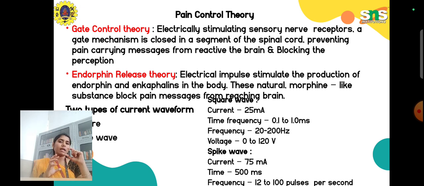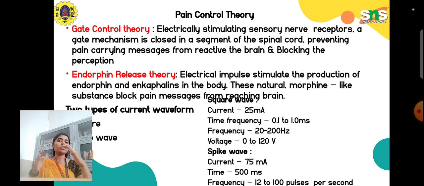There is a mechanism in the spinal cord through which the nerve carries the pain signal to the brain, and the brain processes that signal so the person feels the pain. By passing the electric current, we stimulate the sensory nerve receptors so that the gate mechanism in the spinal cord is closed, and the pain-carrying messages have no way to travel through the spinal cord to reach the brain.